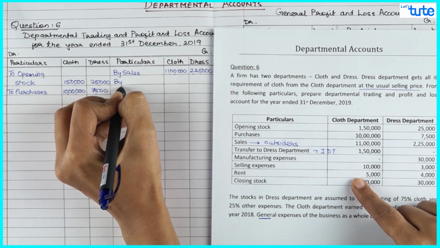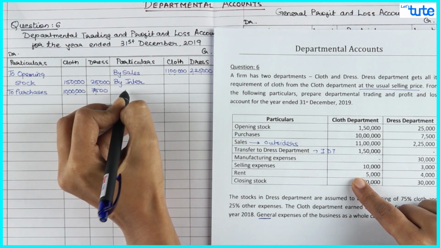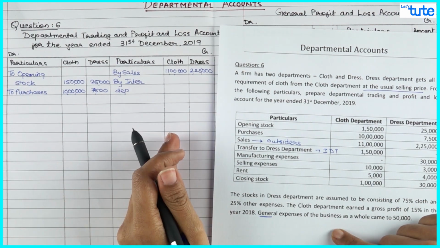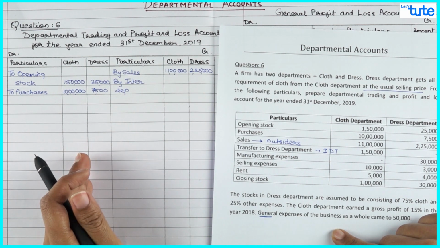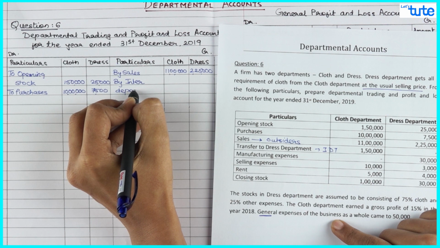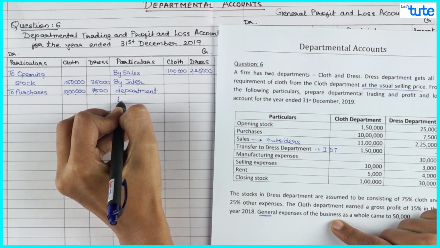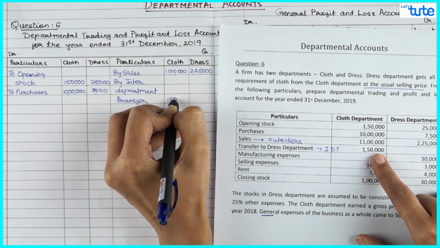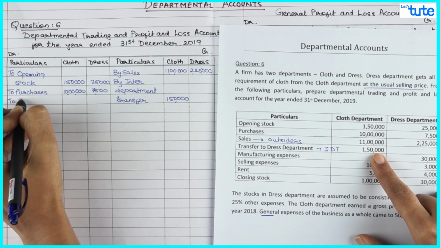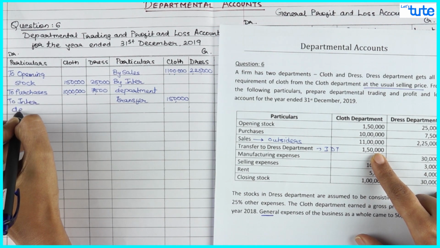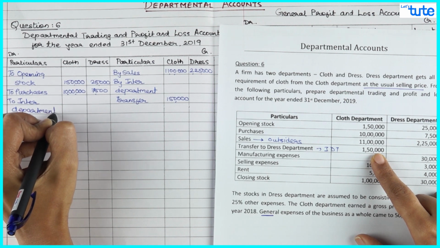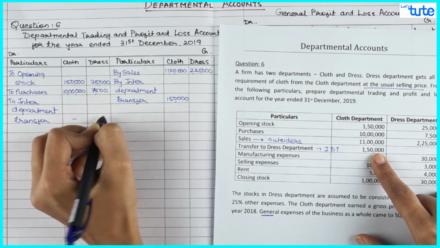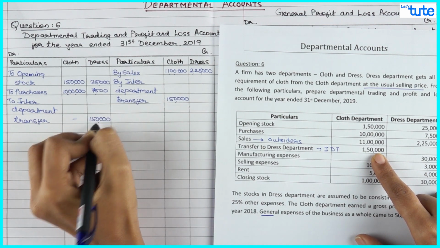So on the credit side, by transfer to dress department, or simply by inter-department transfer, it would be credited in cloth department 1,50,000, and inter-department transfer in dress department would be 1,50,000.